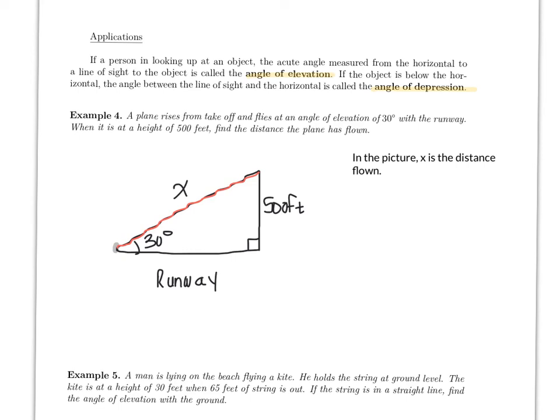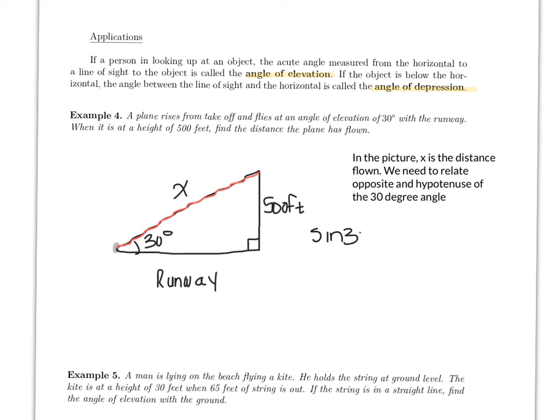Opposite 30 degrees is the 500 feet we know, and we want the hypotenuse. We need to relate opposite and hypotenuse of the 30-degree angle, right? Because you have that 500 feet. So if we want to relate opposite and hypotenuse, we can use the sine function again.